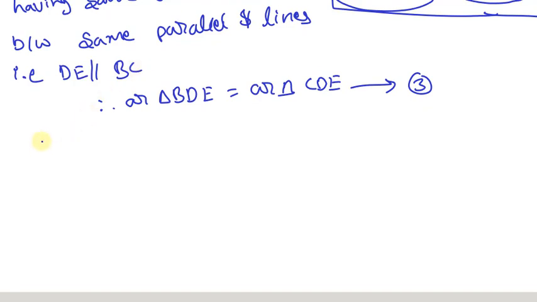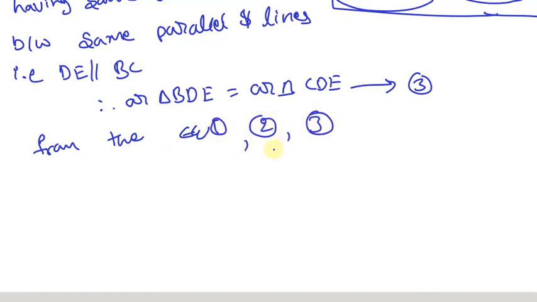So from equations 1, 2 and 3, we can write that AD by DB is equal to AE by EC. That means the RHS parts of both equation 1 and equation 2 are equal. This is all that is required to prove.